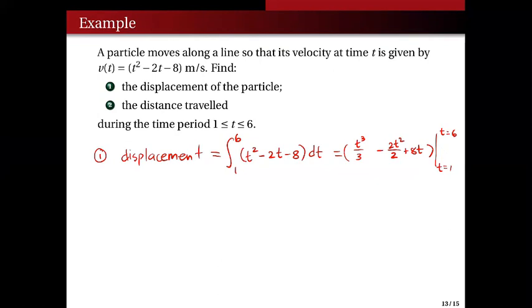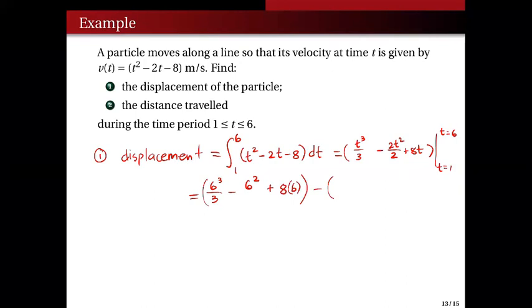Okay, so far? So let's just evaluate. This is now equal to 6 cubed over 3, minus 6 squared, the 2 and 2 cancel each other, plus 8 times 6.